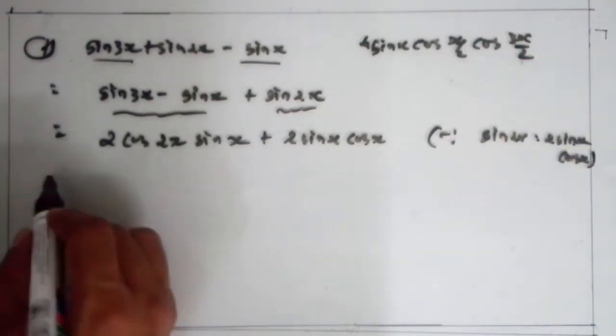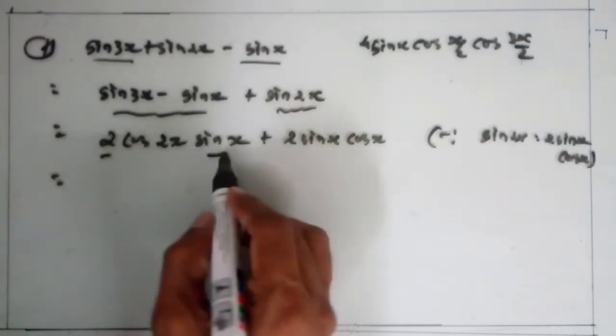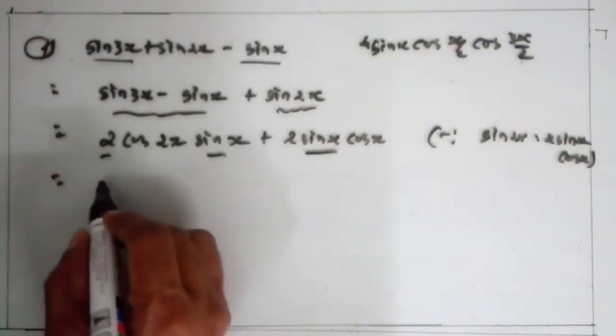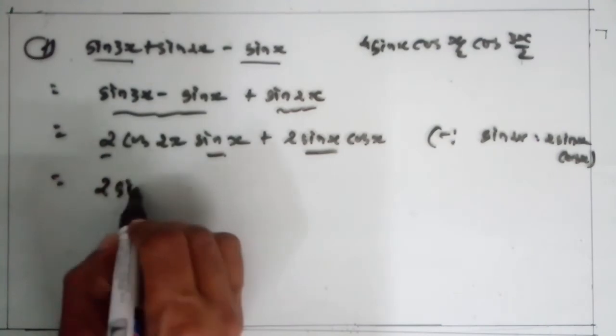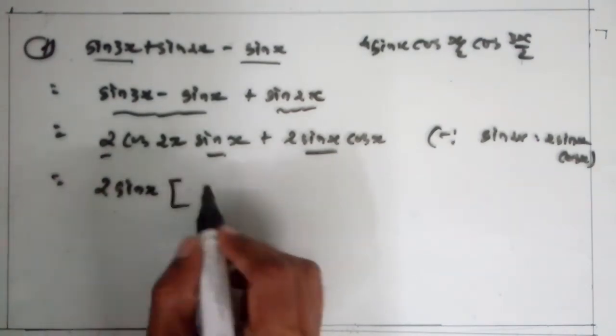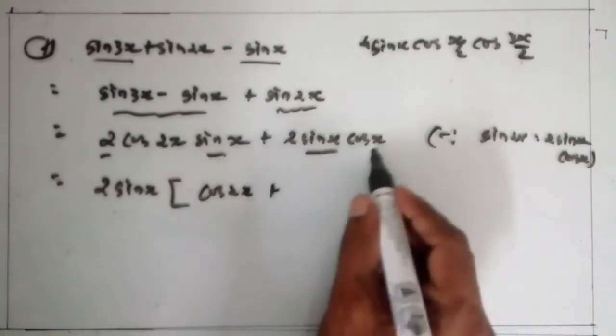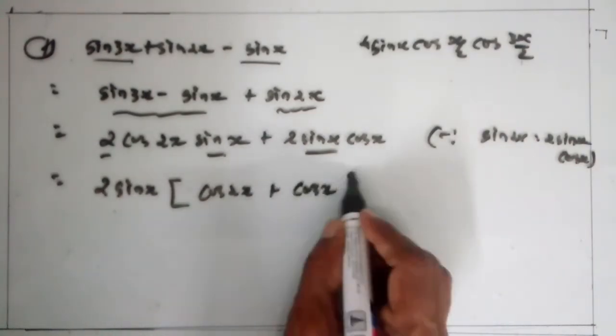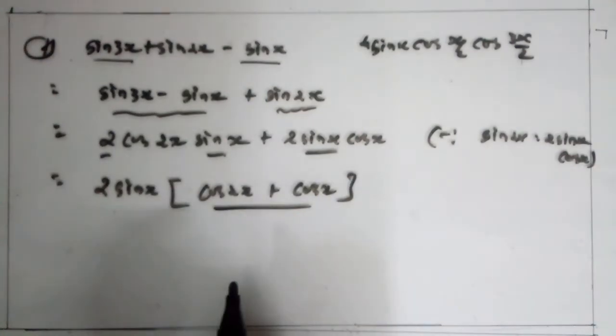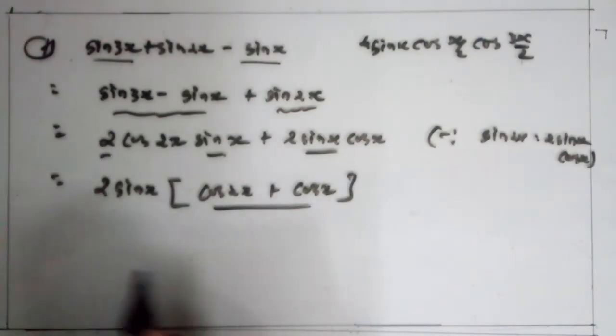Clear this? So is equal to 2 sin x, take common from these two terms, so 2 sin x, in bracket remaining term cos 2x plus cos x. Now apply formula of cos plus cos, you know that.